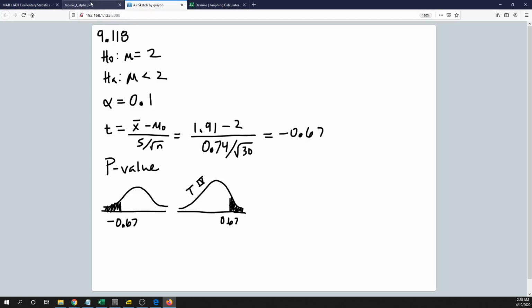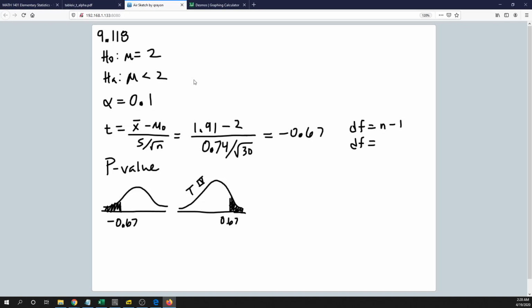Before we do that, we'll need the degrees of freedom. The degrees of freedom is the sample size minus 1.